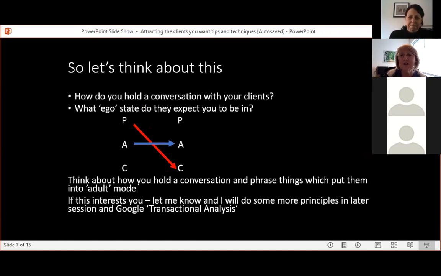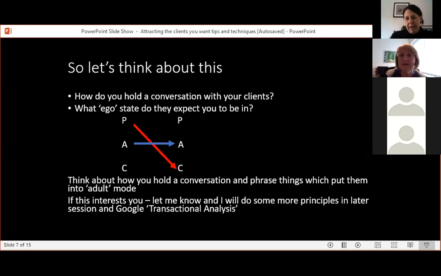If you can subtly change that conversation to make sure that the responsibility is with the adult, that they take responsibility for the changes that are happening in their business, because it's not about us doing it all, is it? It's about us helping them identify what needs to be changed, but the only way it'll happen is if they're the adult and they take charge of it happening.